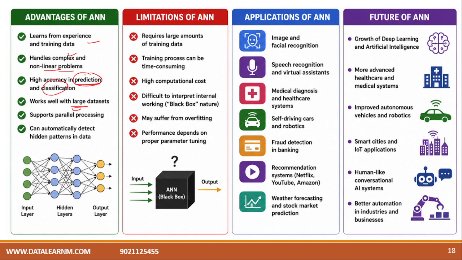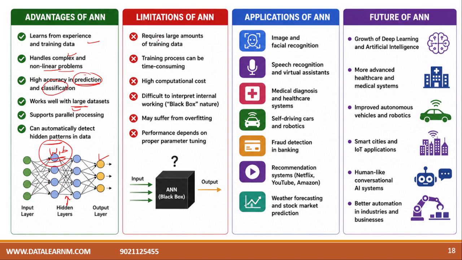As soon as we provide data, it works continuously on the data to reduce the error, and ultimately that increases the accuracy. It can automatically detect hidden patterns in the data and give insights. Multiple hidden layers are updating weights and biases in order to get improved accuracy.